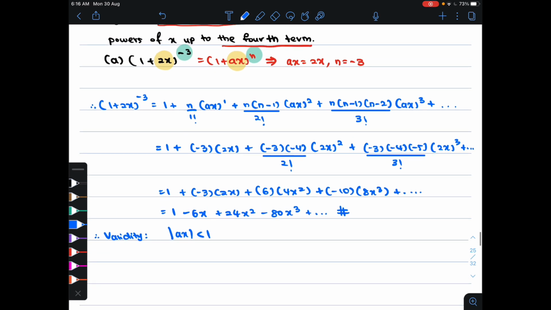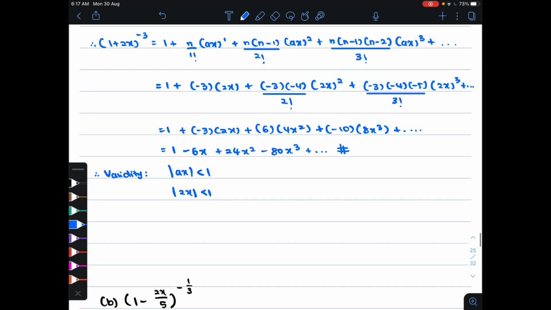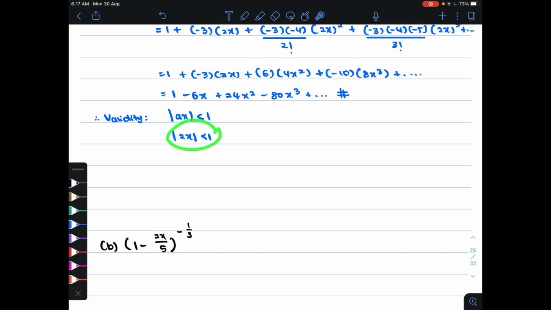So here ax is 2x, so substitute ax to become 2x. So we get modulus of 2x is less than 1. Here we just apply gola. Okay, so kita akan apply lah sebab kita ada modulus less than. So you'll get 2x is between negative 1 and 1.